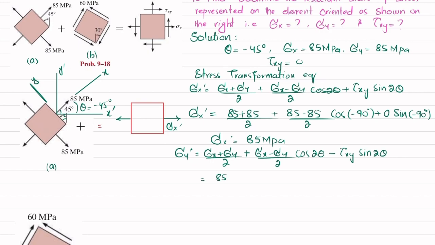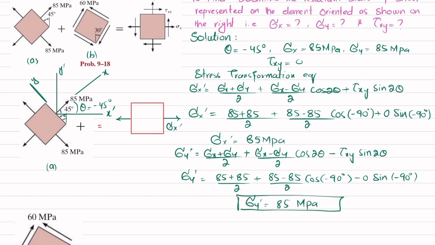So again put the values: 85 plus 85 divided by 2 plus 85 minus 85 divided by 2 into cos of minus 90 degrees minus 0 into sine of minus 90 degrees. That will give you sigma y dash, and when you calculate it, sigma y dash will also be equal to 85 megapascal. So our sigma y dash, which we will represent on this element, will be like this. Clear?